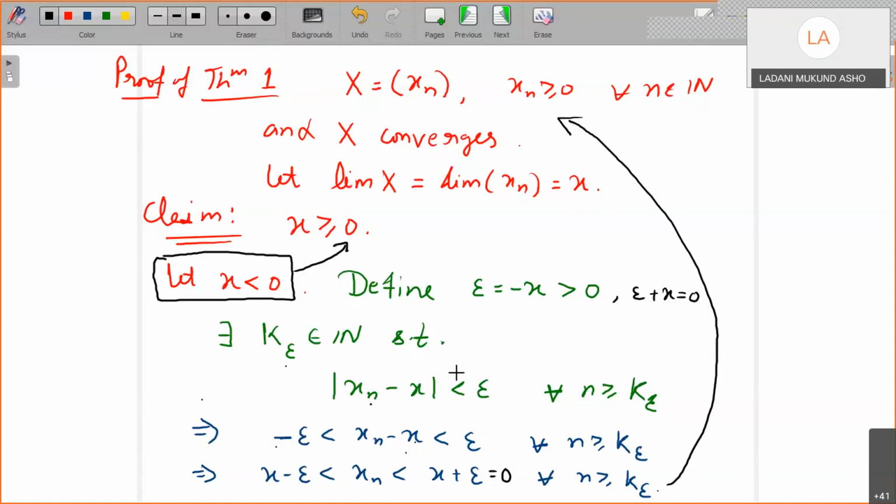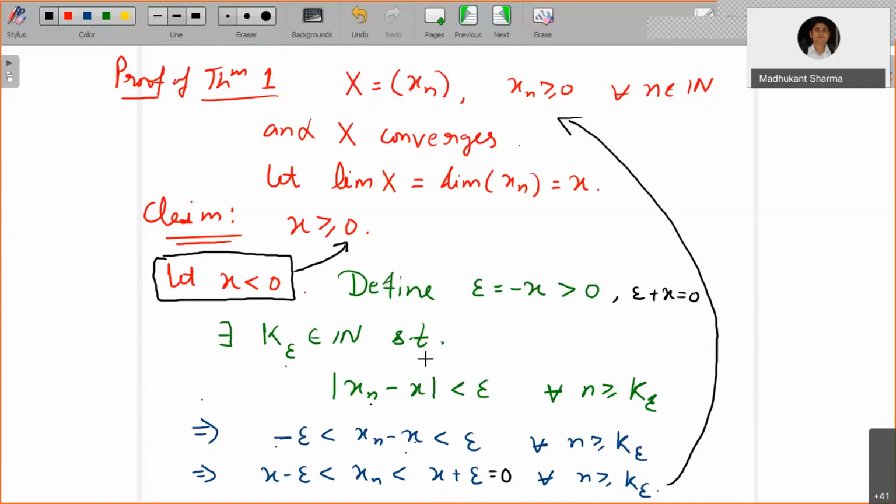Why it is important is because epsilon is a strictly greater than 0 number. If you take greater than or equal to 0, then equality can be taken here. Why? Because we want infinitely many terms to be sitting very close to x or on x itself.